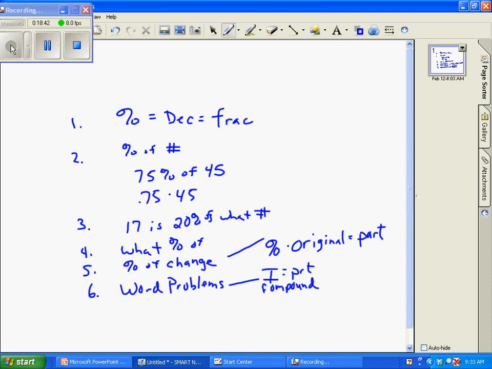Emily? Yeah, the shopping and tax. Tax, discount, markup. Which again is just number 5, but now we're putting it in a word problem.